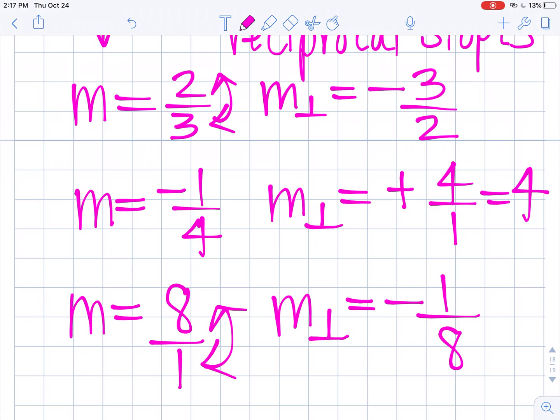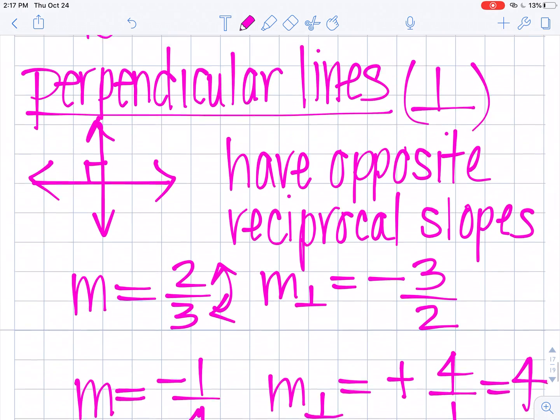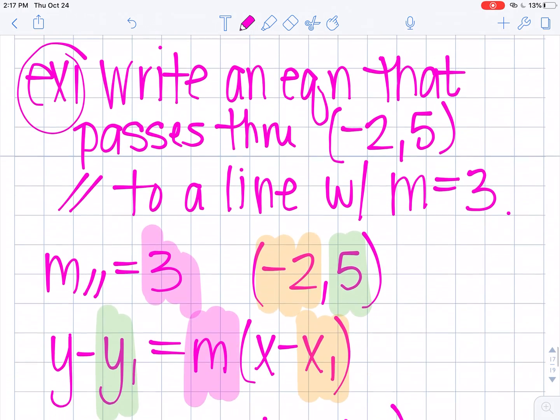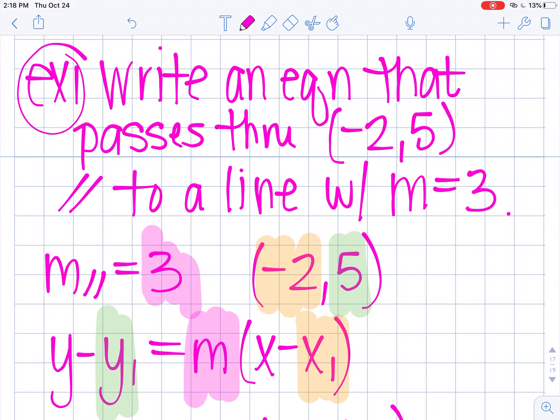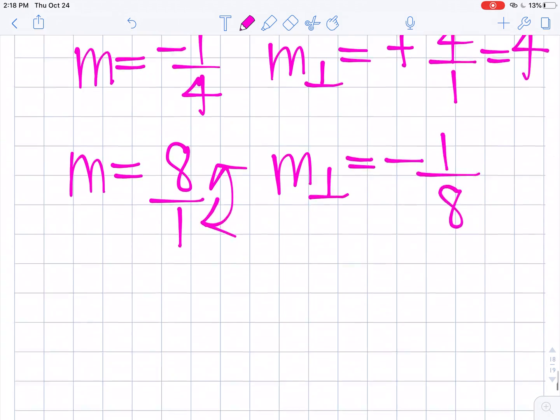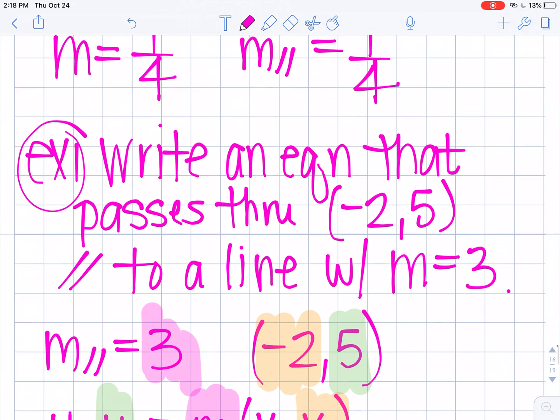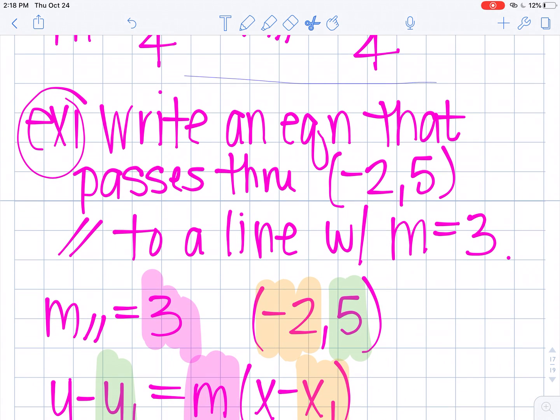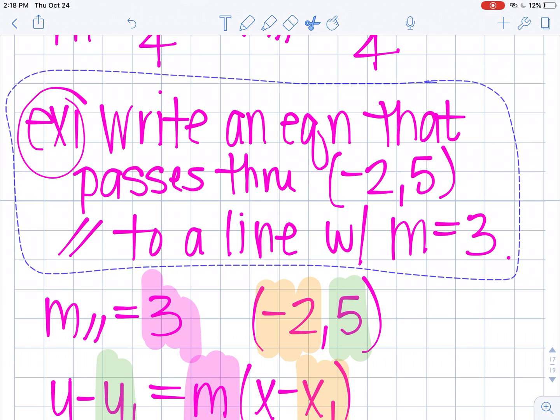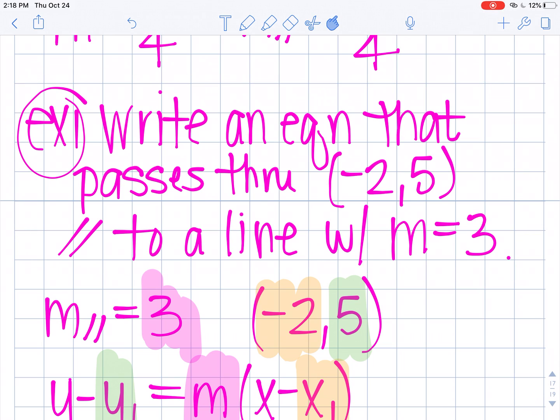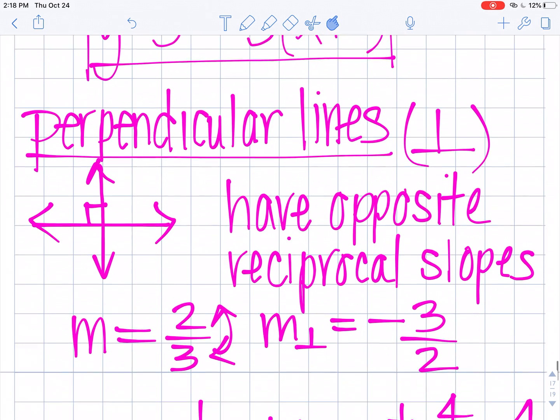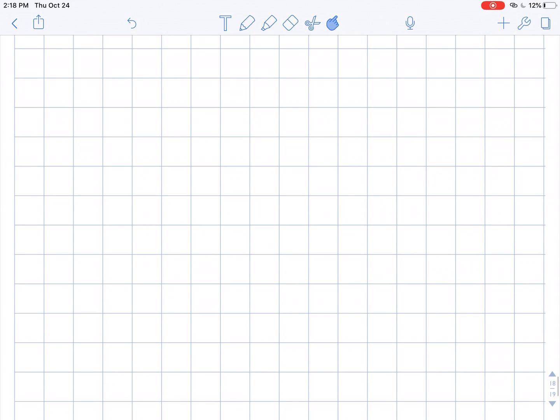So if I go back to my same example that I did, we wanted to write an equation that passes through the point -2, 5 that was parallel to a line with a slope of 3. I'm going to take my same problem.